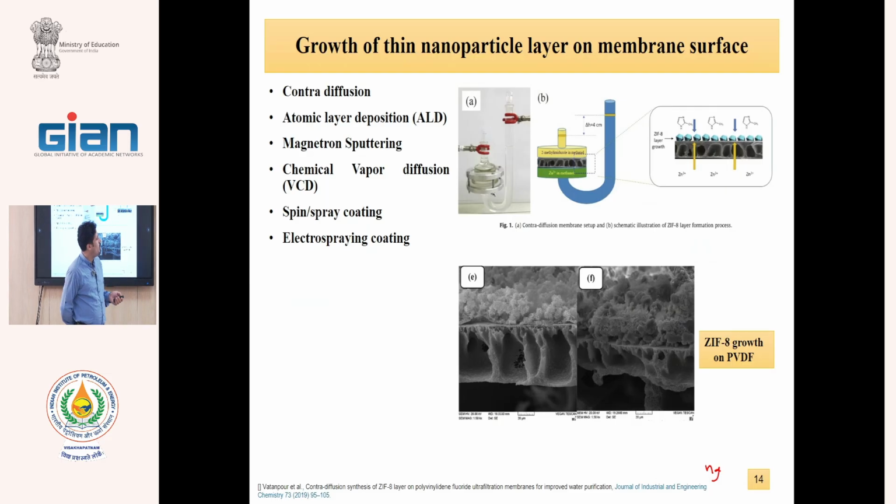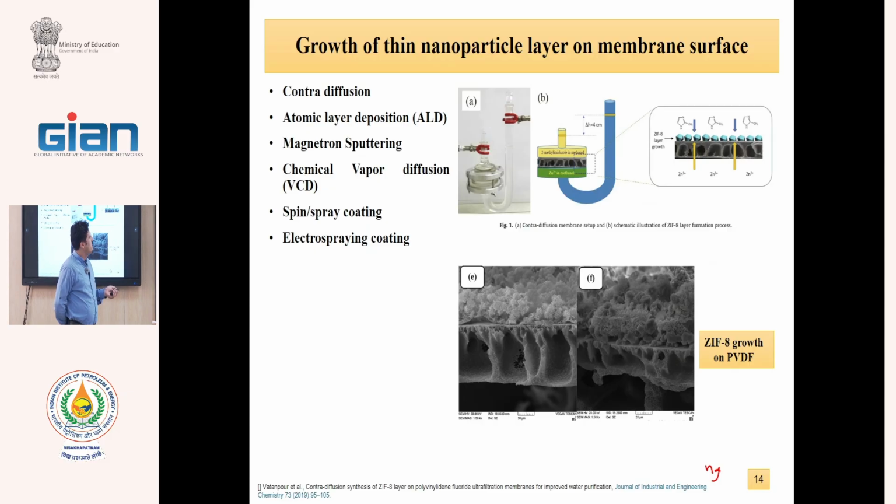There are many methods for growth of a nanolayer on the membrane surface, such as ALD and magnetron plasma. One method is the counter-diffusion method.